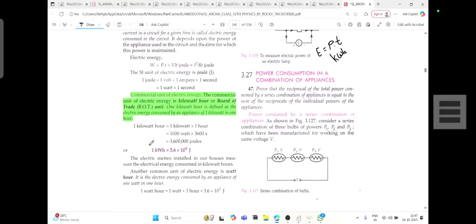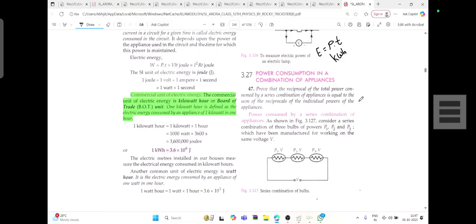So you can see that 1 kilowatt into 1 hour, that means 1000 watt, and 1 hour is equal to 3600 seconds. That means 3,600,000 watt second, and watt second means joules.